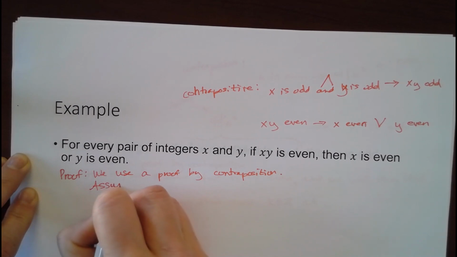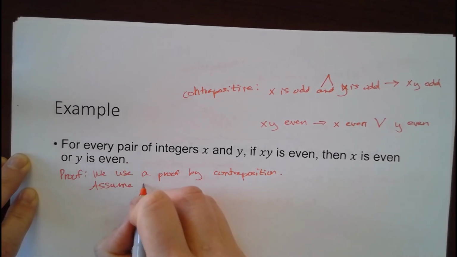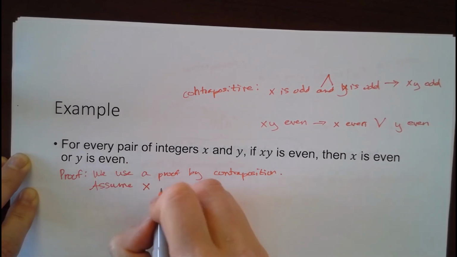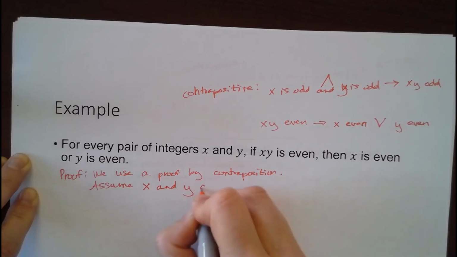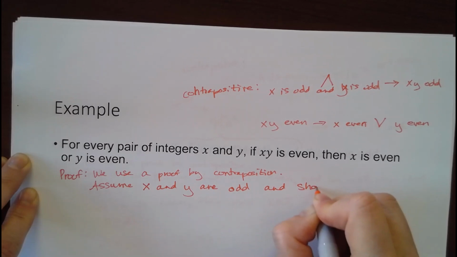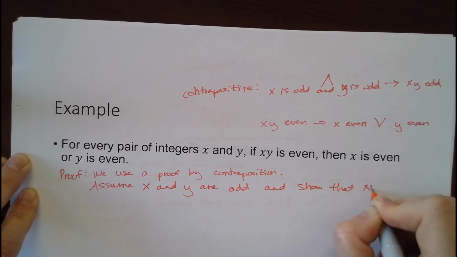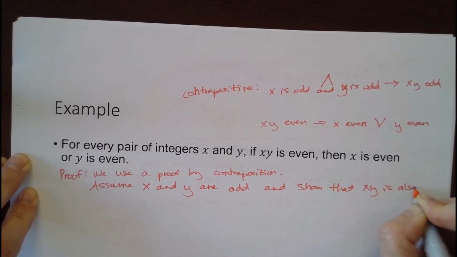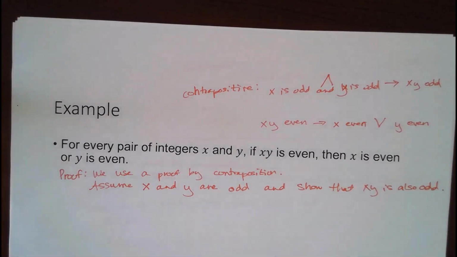Okay, so we'll assume that x and y are odd and show that xy is also odd. Okay.